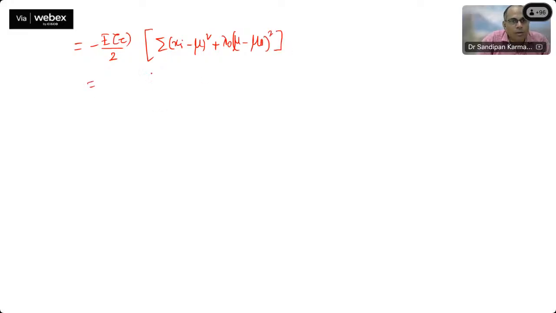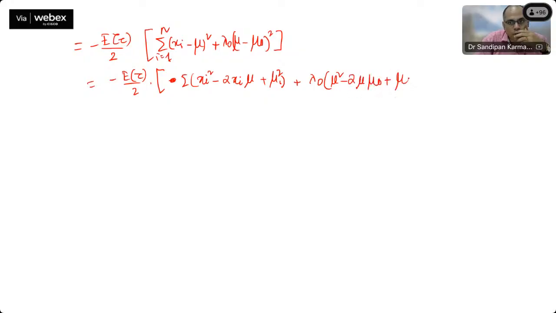This will be E of tau by 2, then summation of xi square minus 2 xi mu plus mu square, then plus lambda naught times mu square minus 2 mu mu naught plus mu naught square.